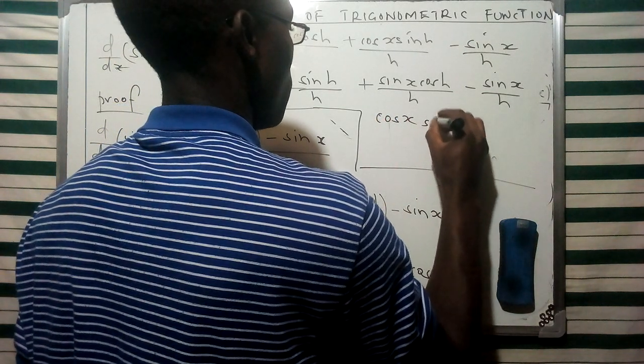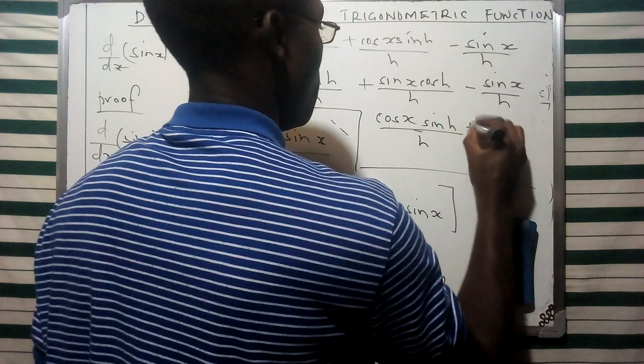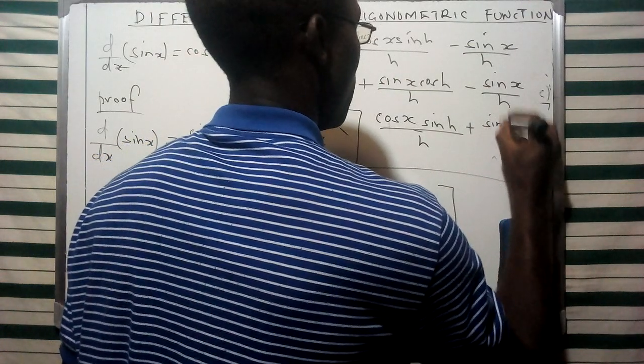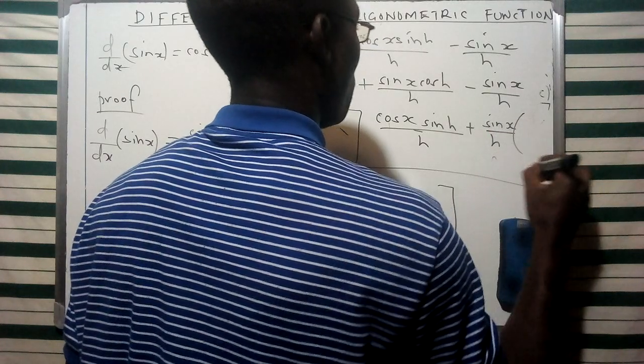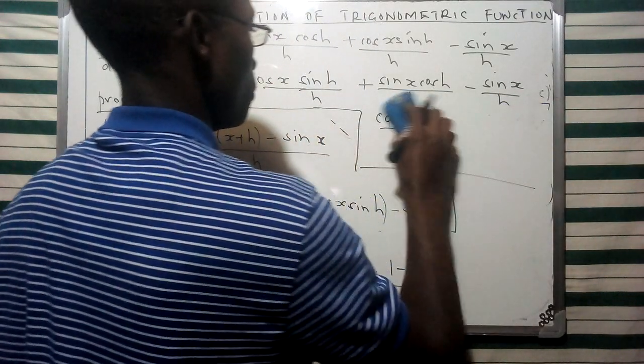So we're going to have this one, the sine of h all over h, and then plus, so that we have a common factor here of the sine of x over h into the cosine. So this space is going to be reduced.